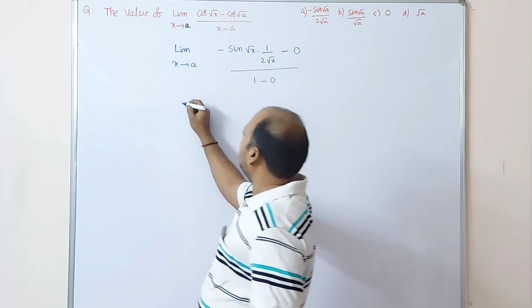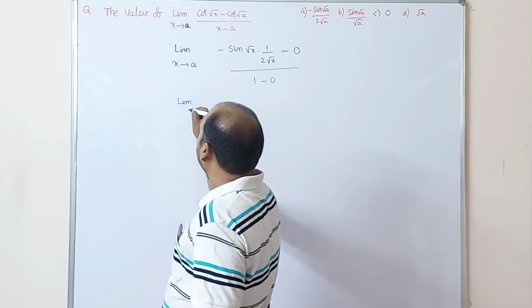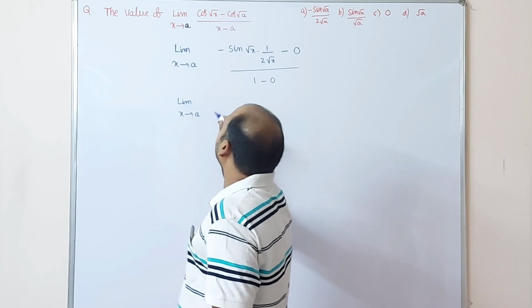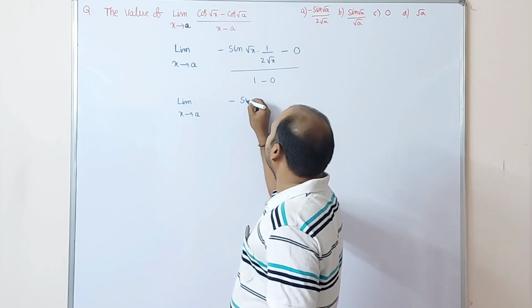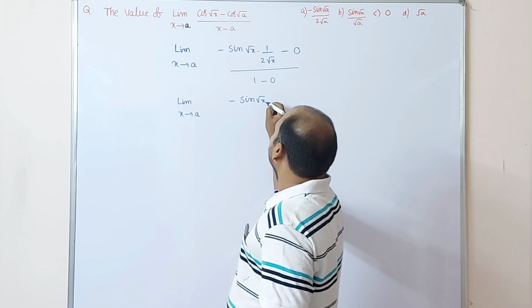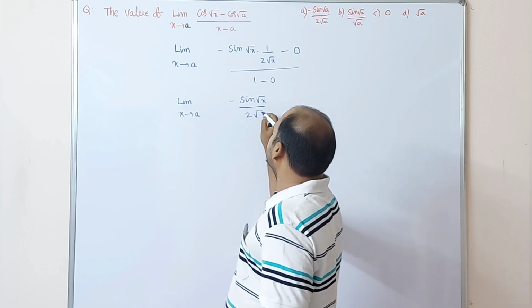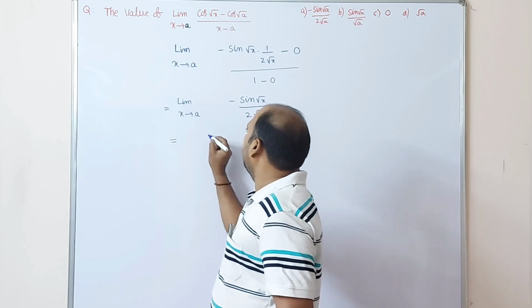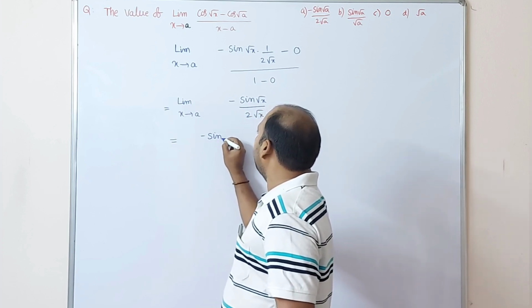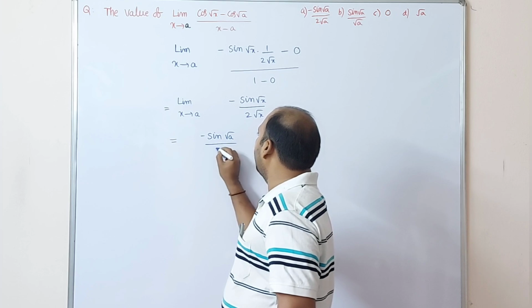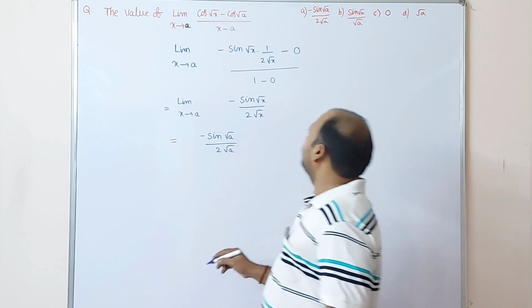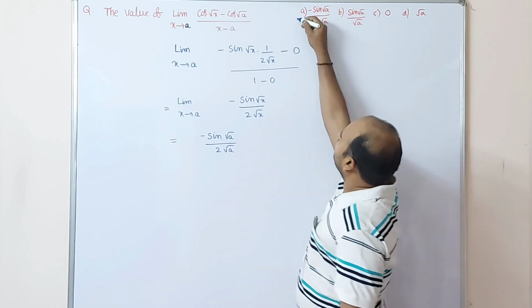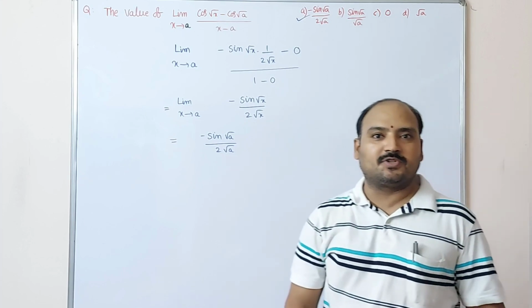So the limit becomes limit x tends to a, minus sin root x divided by 2 root x. Substitute x is equal to a directly. You will get minus sin root a divided by 2 root a. So which is the required answer which is there in the first option.